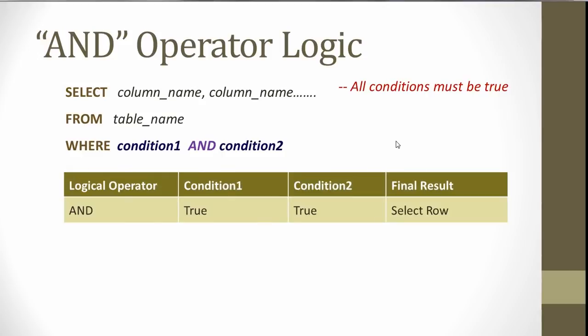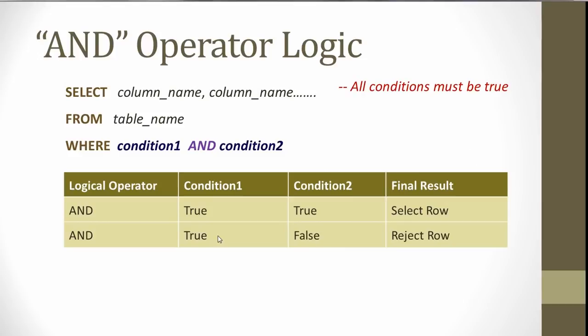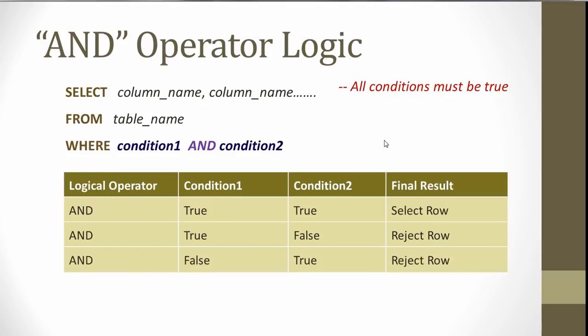Now let's look at it a little bit deeper. Let's say condition 1 holds true for a particular row, and condition 2 is true, then that row will be selected. Let's say condition 1 is true, whereas condition 2 is false, then you don't select that row because, as we said, all conditions must hold true.